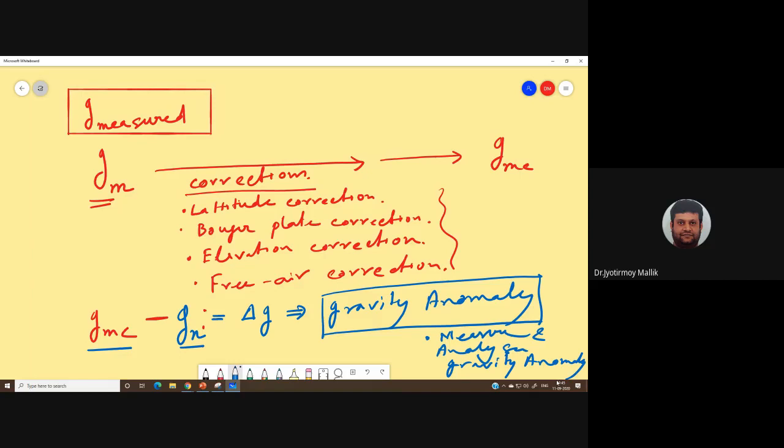At a particular point I take my gravimeter and do a small g measurement, then I take it through certain corrections, and then I subtract g normal from GMC. That is my gravity anomaly.